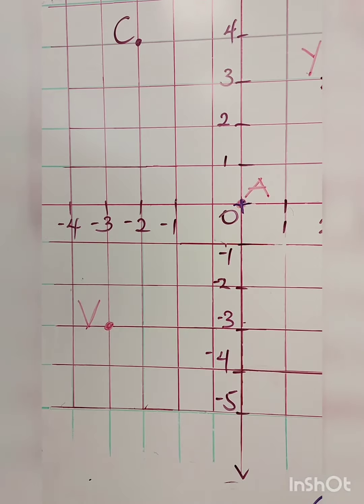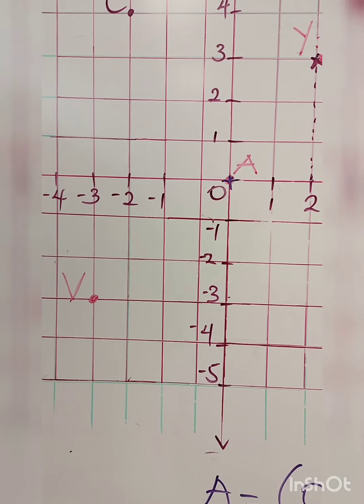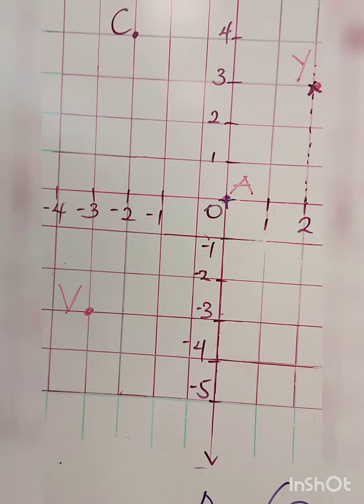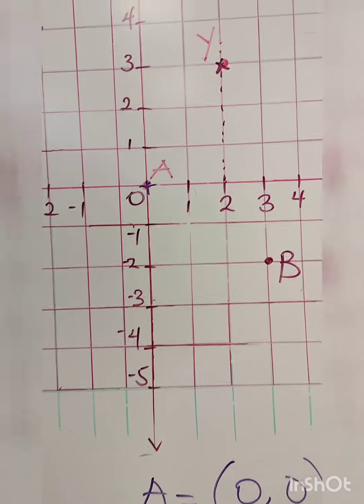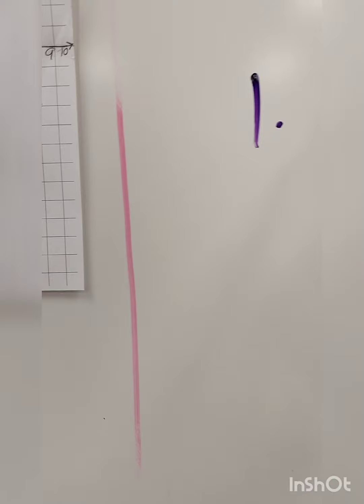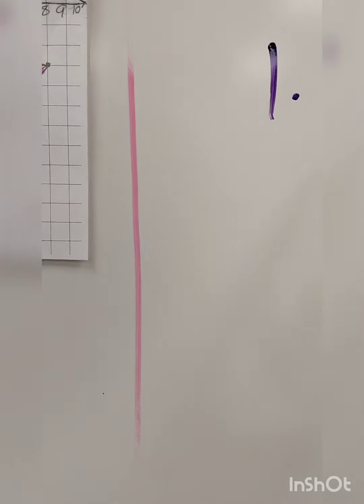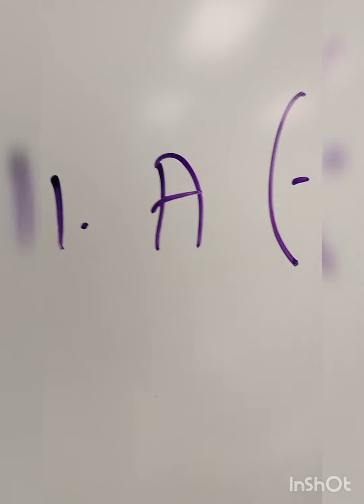Good. So I believe you can also do your plotting when you go home. So now take your grid papers, then you do this for me. The first one is to plot the following pairs of numbers. You have A, -2, 0.